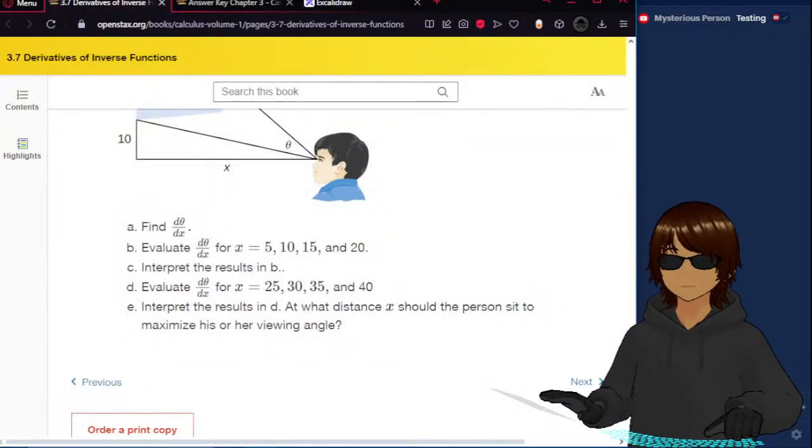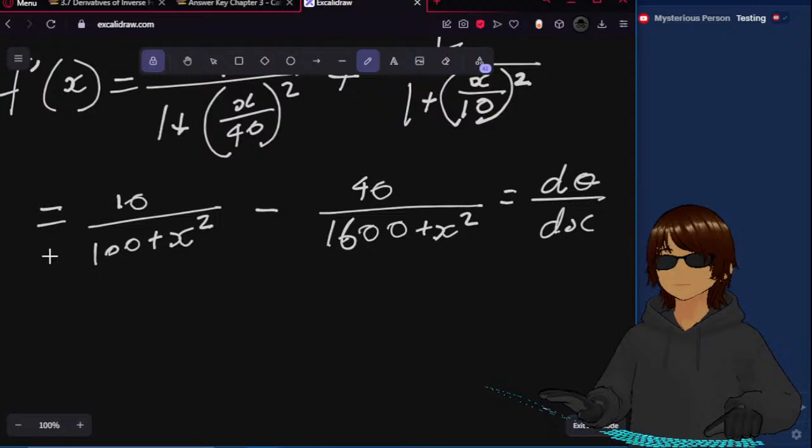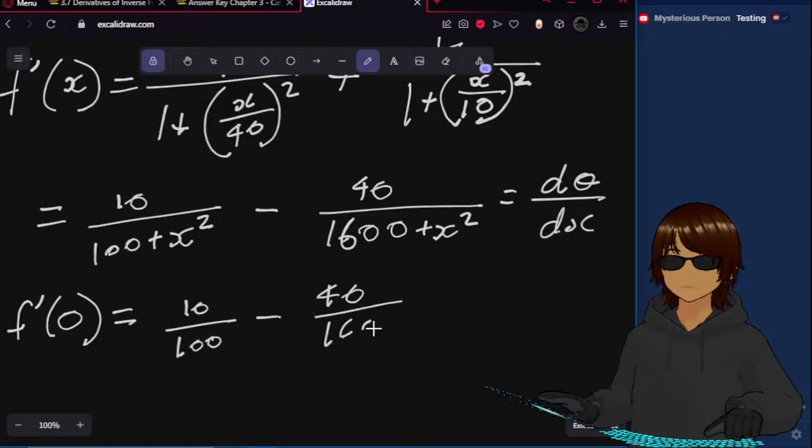Okay. Let's do the last one. The last one is where the derivative is 0. So, wait, hold on.